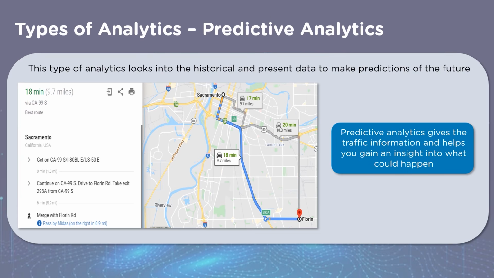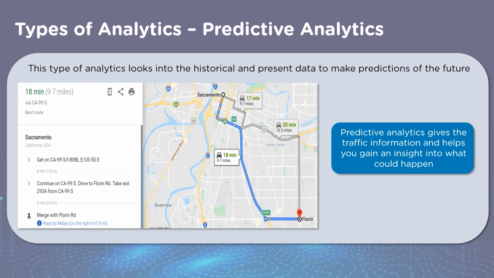Now let us focus on predictive analytics. What is predictive analytics? This type of analytics looks into the historical and present data to make predictions of the future. What does this mean? Google has already suggested the best route, which is the blue color route, to travel from Sacramento to Florin, and the duration is 18 minutes and the distance is 9.7 miles.